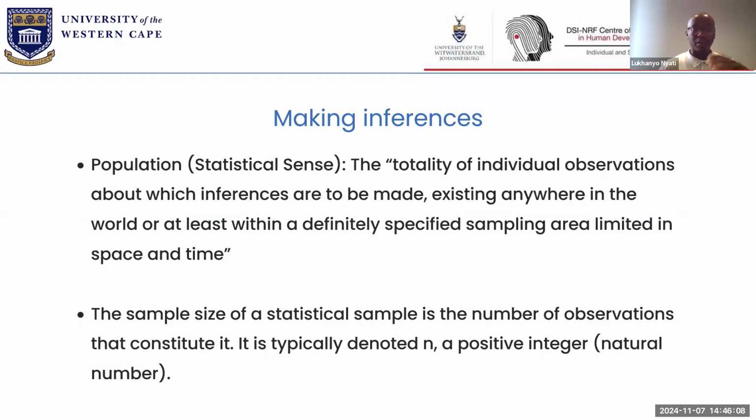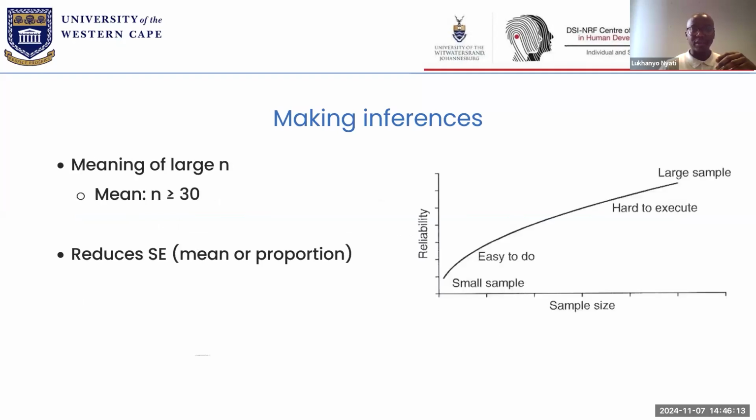I'm not going to go into those details about the sample and the population. You can read through this, but I just want to show this slide, which shows the reliability of your results in relation to the sample size and how that increases with increasing sample size. But obviously, you can't perpetually increase a sample size that is limited by budget, but it's important before you start your research to establish what sample size you require for your particular study.